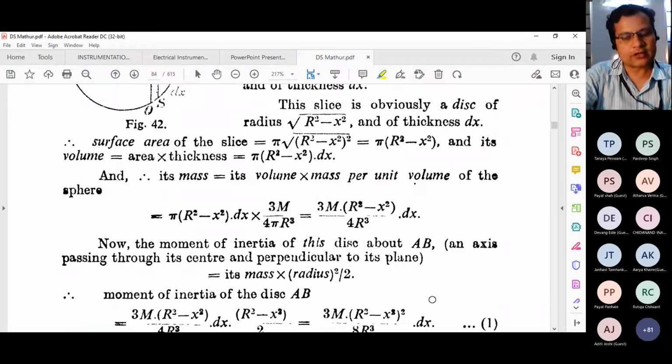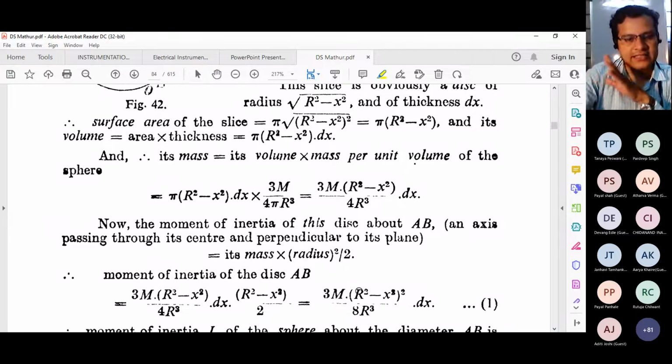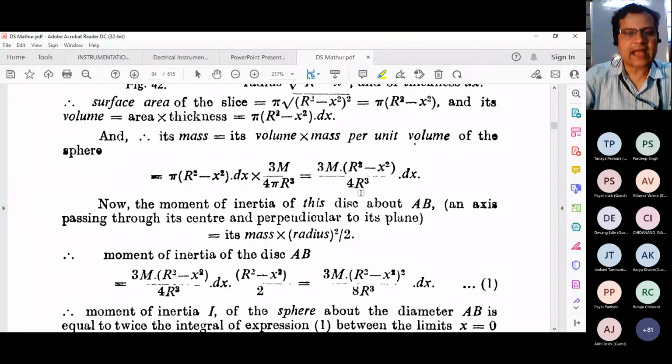The moment of inertia of that disc about its diameter, passing through the center, is mass into radius square divided by 2, that is half of mr square.